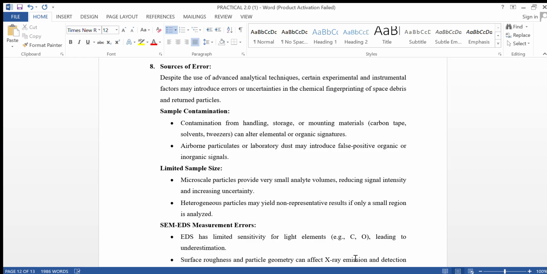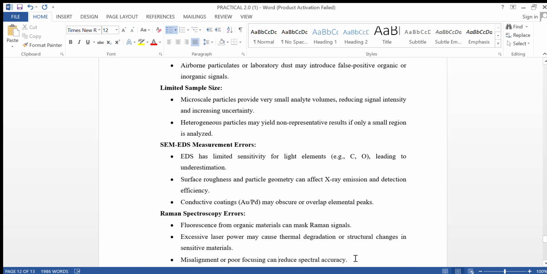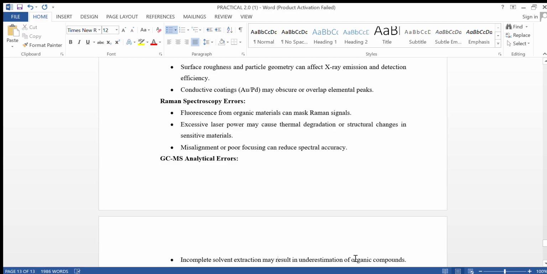SEM EDS measurement errors. EDS has limited sensitivity for light elements, for example C and O, leading to underestimation. Surface roughness and particle geometry can affect X-ray emission and detection efficiency. Conductive coating, Au over Pd, gold over palladium, may obscure or overlap elemental peaks.